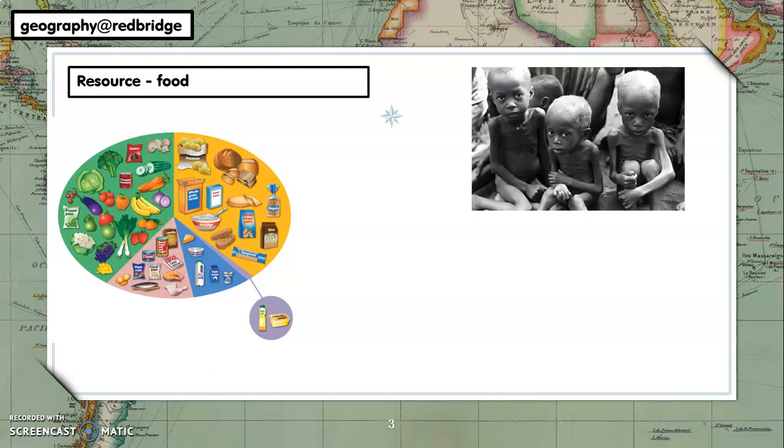Obviously, in some parts of the world, there are people that don't get the right amount of energy. This is taken, I believe, from Eastern Africa, probably Ethiopia, back in the 1980s. These children here are clearly suffering from what we term malnourishment. Malnourishment basically means that they are not getting enough calories to live a healthy lifestyle.